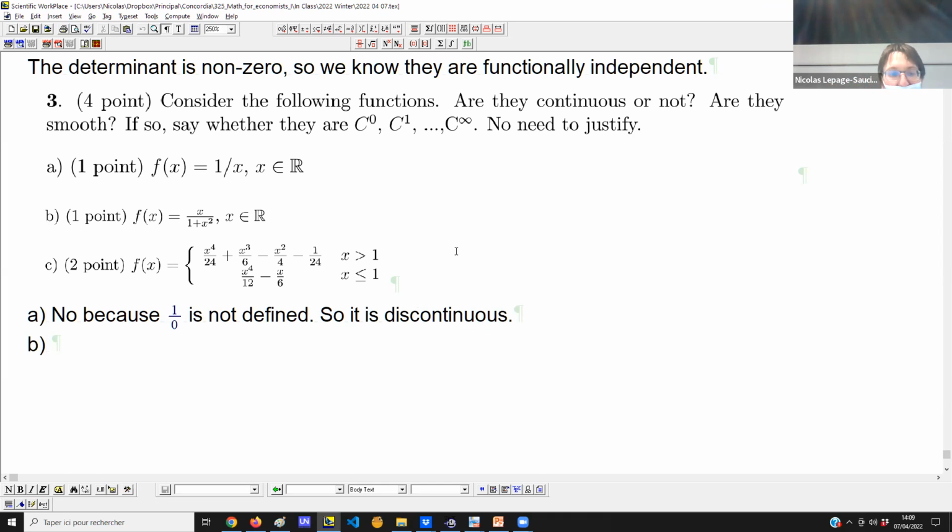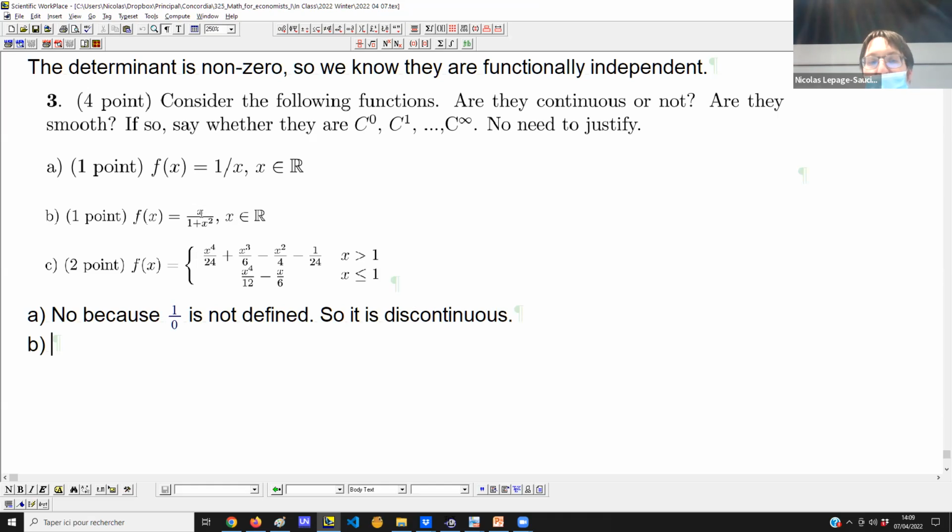So what do we think? Are we going to get a singularity at some point or not? No, because whatever the value of x, 1 plus x squared is always greater than 0. And at the numerator again, it's not going to create any problem.